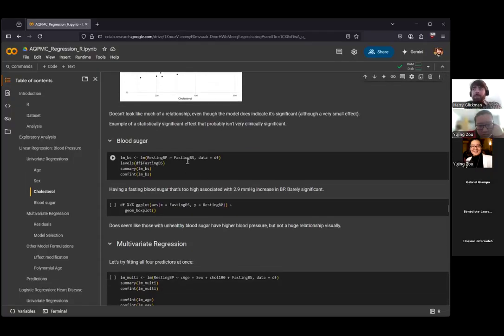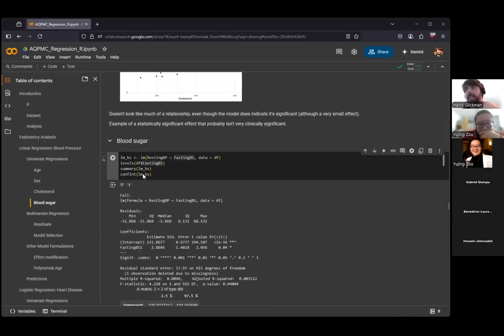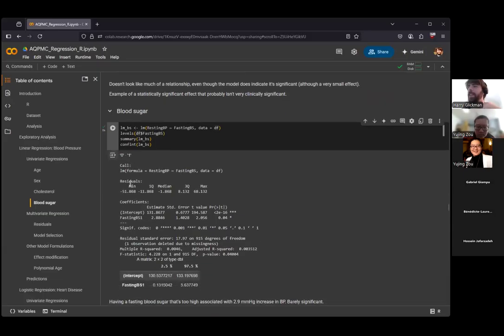We'll finally do blood sugar, which is a categorical variable in this data set, so unhealthy versus healthy. So we can look at the levels again. So zeros and ones are the two levels. So zero is the reference category, which is healthy in this case, and one is what we're going to estimate as a dummy variable, which is unhealthy.